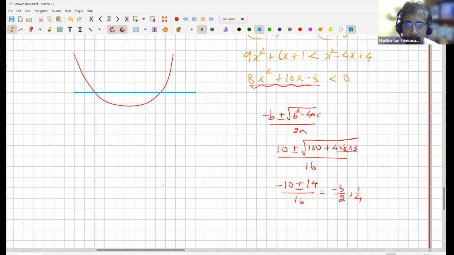The two roots are, this is one root, which is minus 3 by 2. And this is another root, which is 1 by 4.